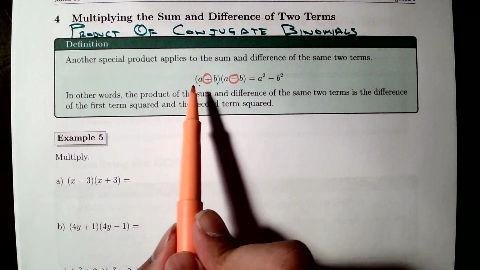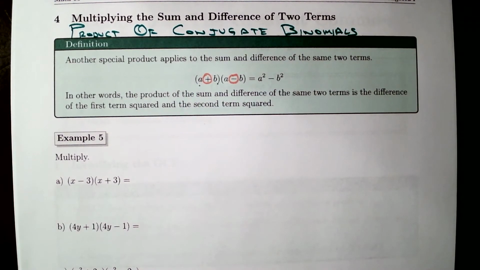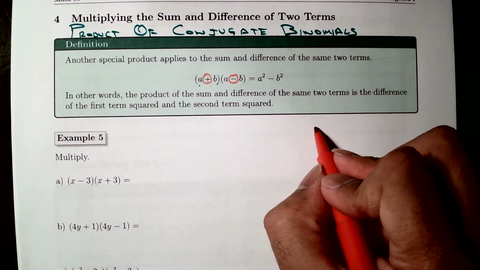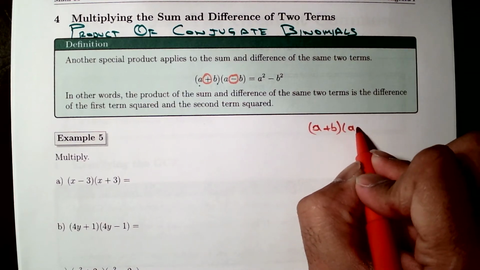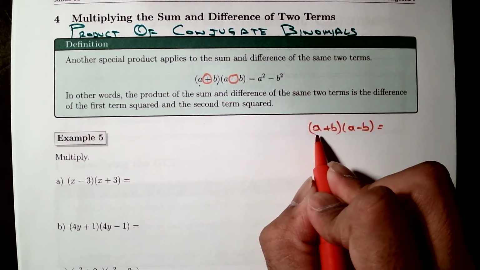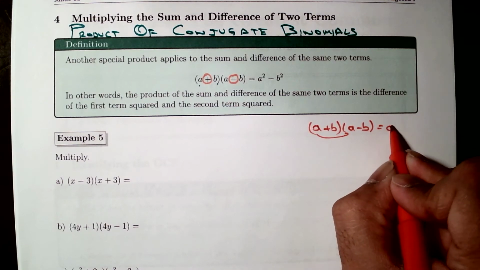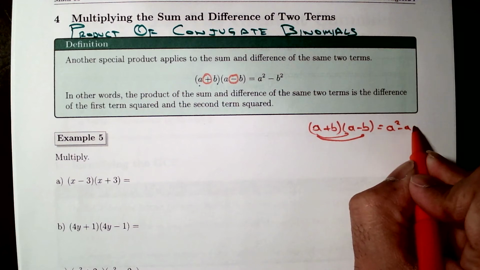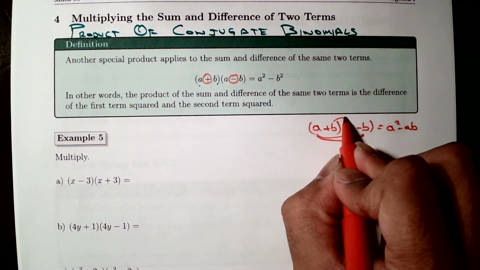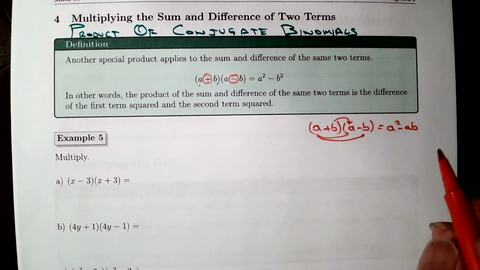So let's do this the FOIL way. A plus B times A minus B. So I'm going to FOIL A times A, which is A squared. I'm going to multiply A times negative B, minus AB. Then I'm going to multiply B times A, which is AB.